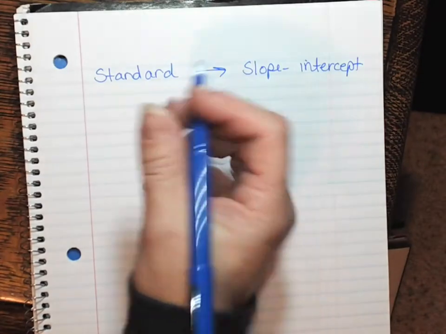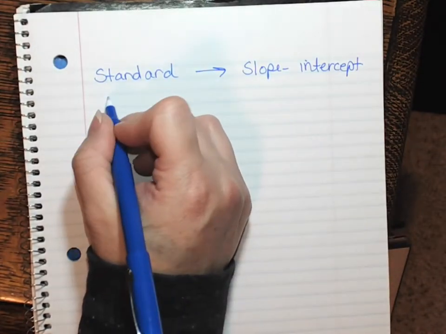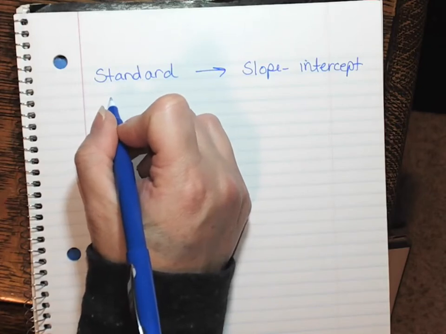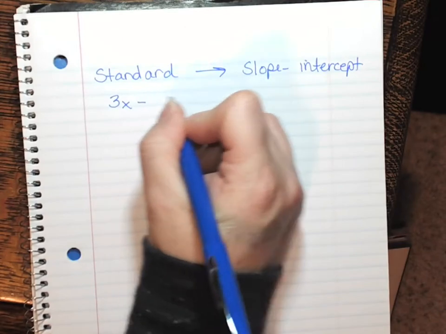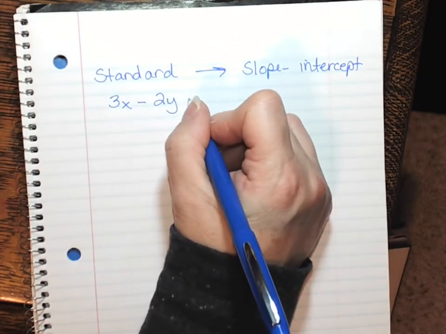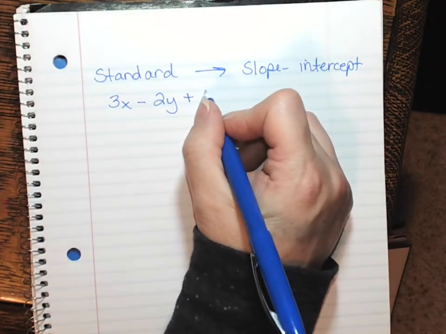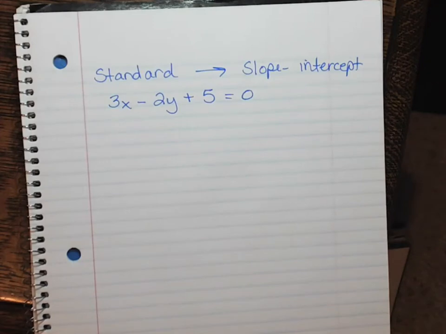Okay, so let's say for standard form, I have 3x minus 2y plus 5 equals 0. Okay? And I want to rearrange this linear equation so that I can get it into slope-intercept form.